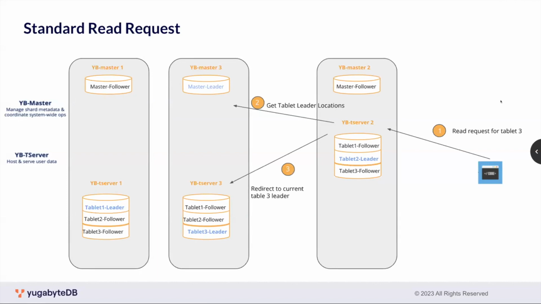So it's going to redirect to this one, and this one is going to send back the data and respond to the client. The important thing is the master knows where the leaders are. The client may cache for some time as well. I think the smart driver from Yugabyte is doing that. But still, the master always knows where the leader is.